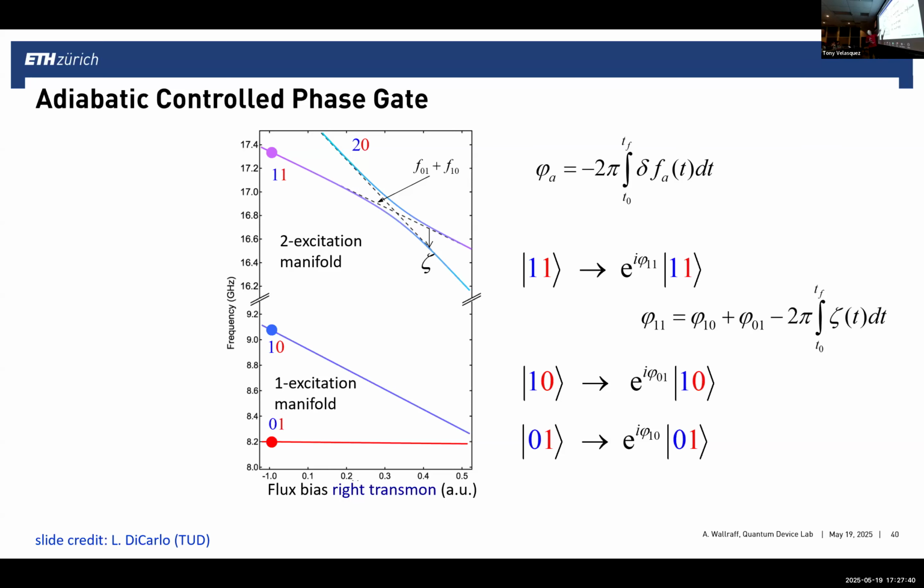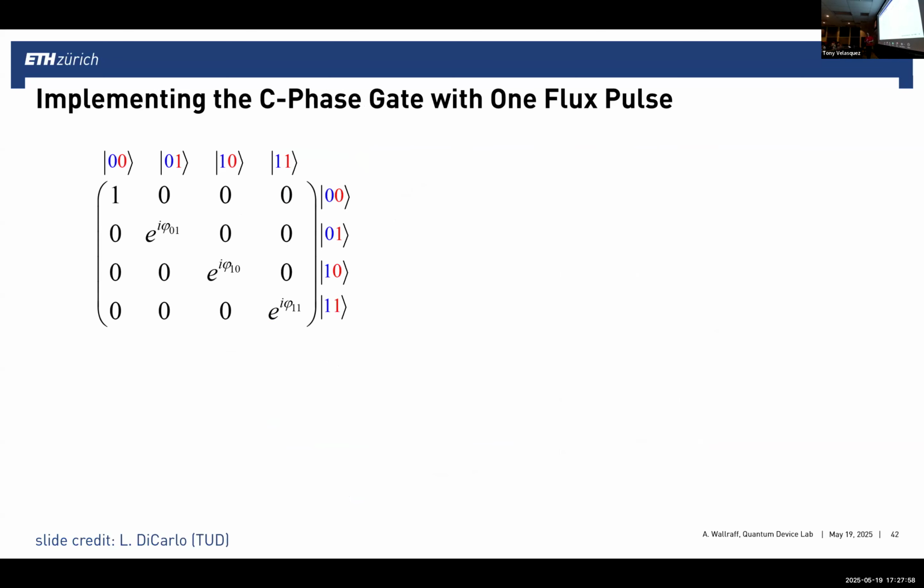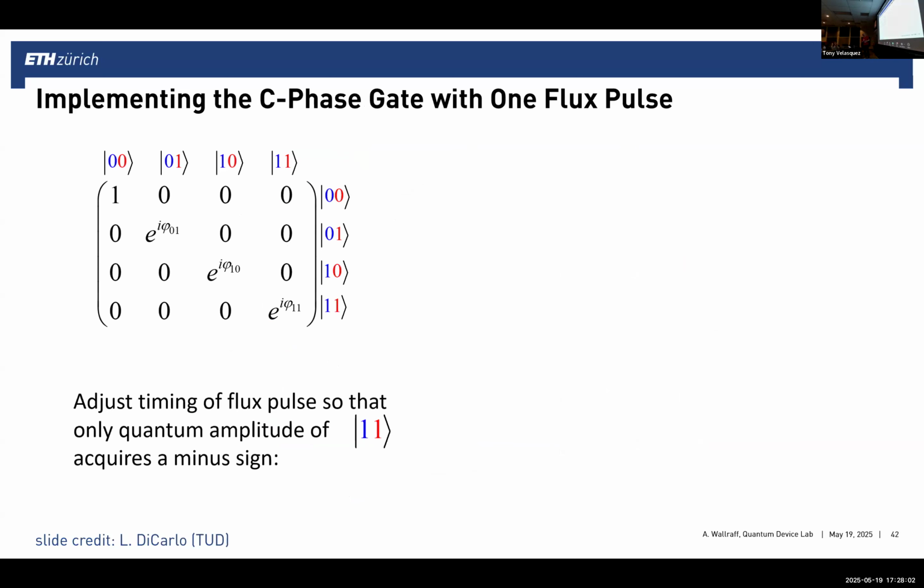The phase factor has to do with this energy difference relative to the uncoupled states. When you tune the interaction time at this 1,1, 2,0 anti-crossing, you can tune it in a way that you get a phase factor of -1 from this e to the i phi 1,1. And that creates the so-called C-phase gate.